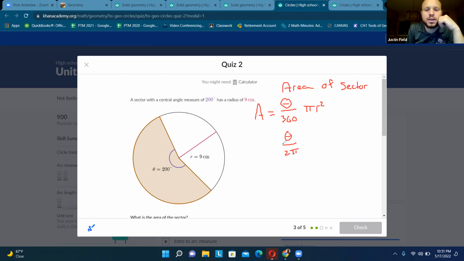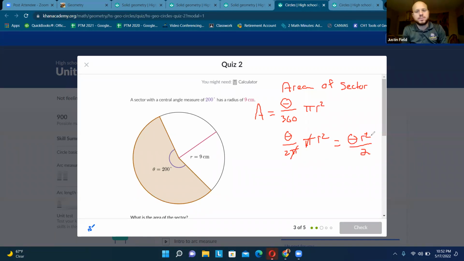Again, the pi's cancel, and so we would just have theta r squared over 2. Interesting, huh? Pi cancels.